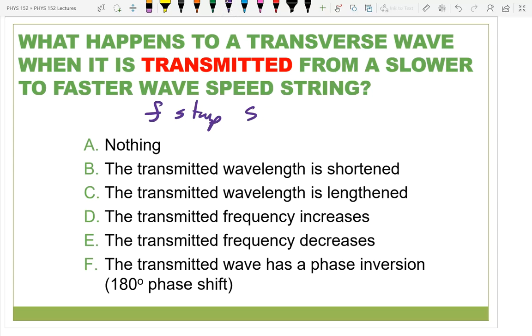Whoops, I shouldn't have written that down, because this is one where you answer multiple questions. Oh, it's not open for you. Not sure. Maybe it'll open for you. Okay, now it's open for polling. What happens to a transverse wave when it's transmitted from a slower to a faster wave speed string? So answer all that are correct and hit enter.